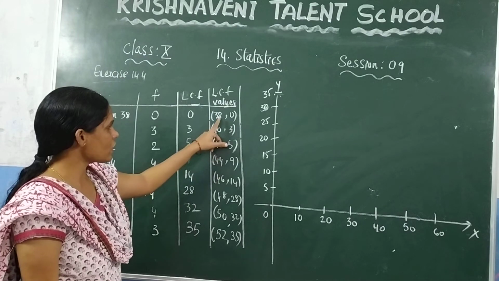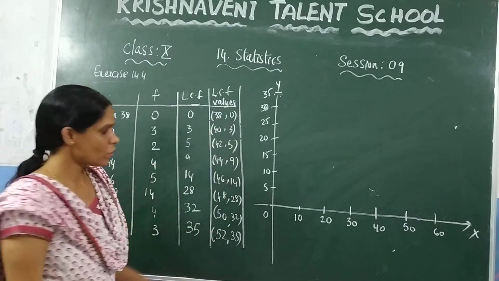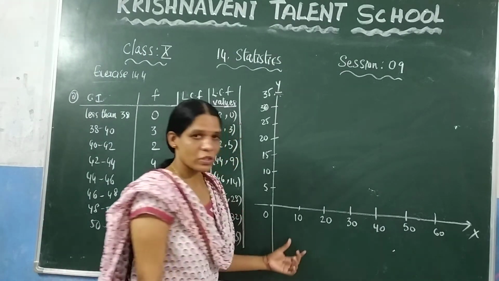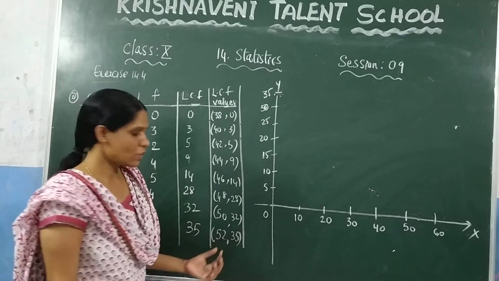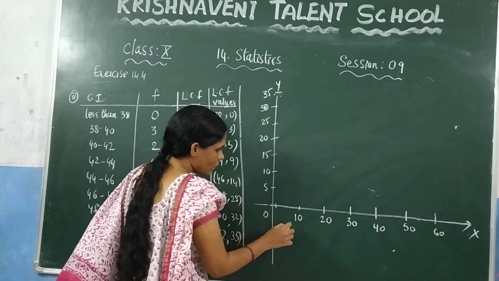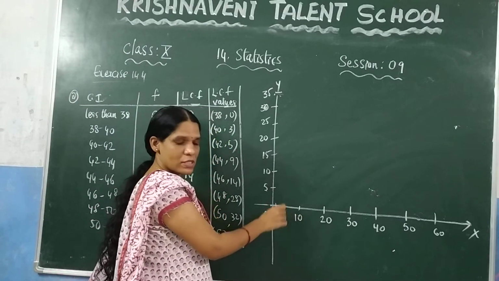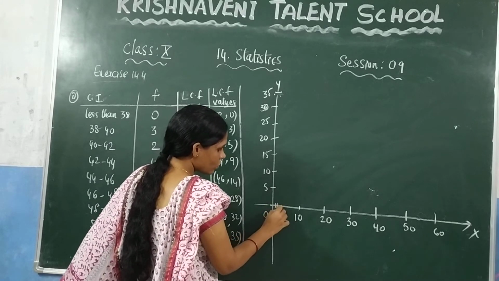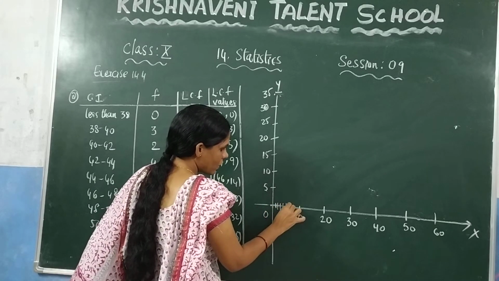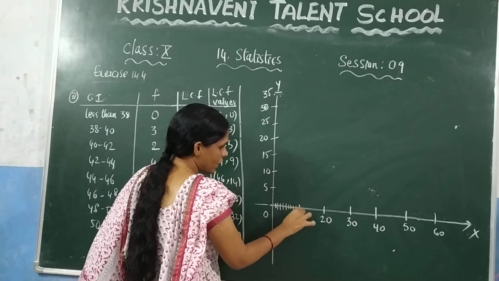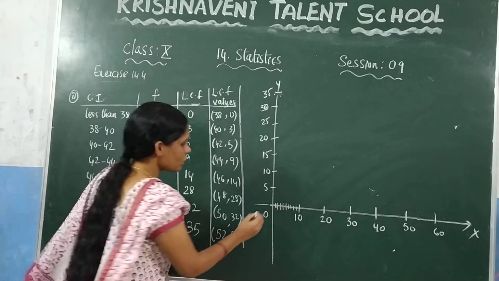So what is the first one? Which is 38 and 0. Before that, what is the length of each distance here? Here 10 is there, which is nothing but each value is 1, 2, 3, 4, 5, 6, 7, 8, 9, 10. Now what is the length of this one?